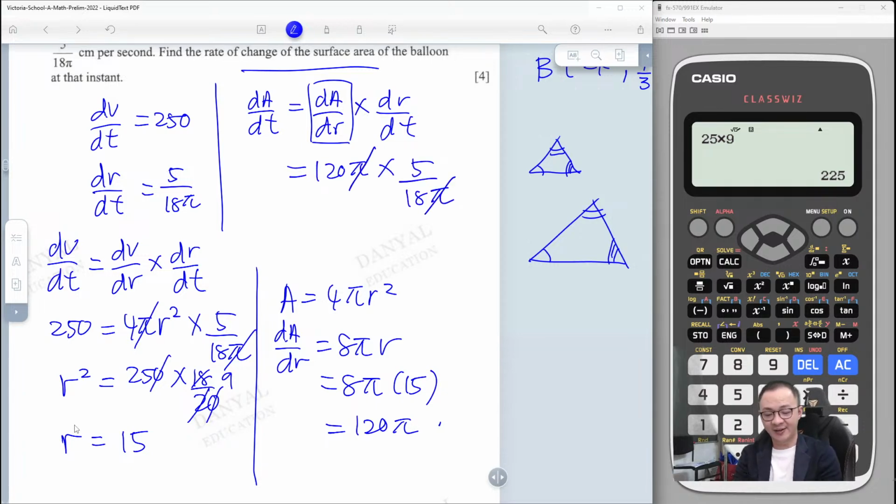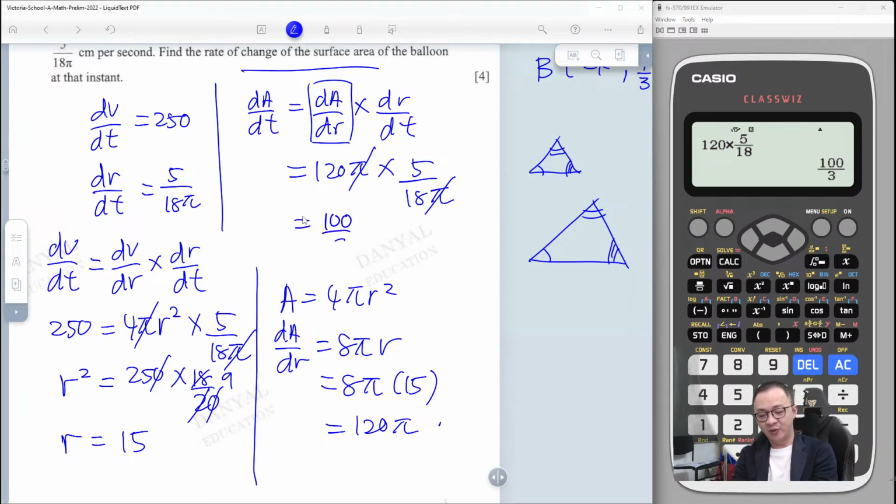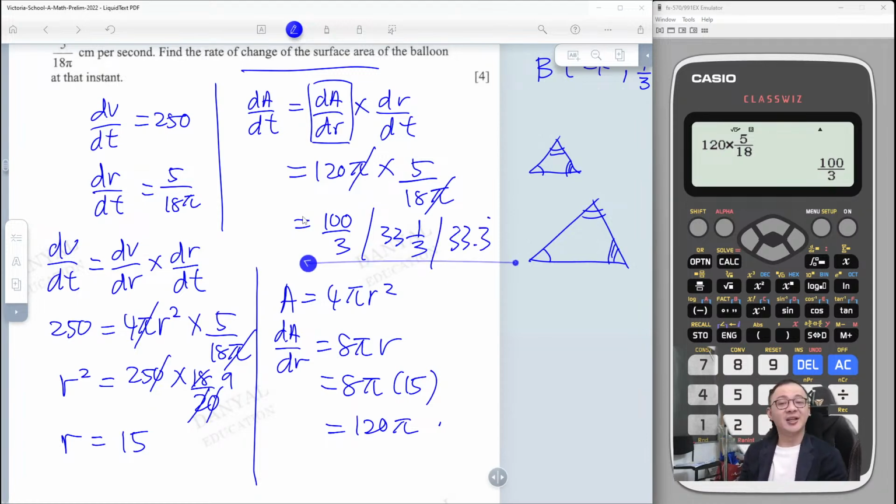Pi and pi cancel. Multiply 5 over 18. Oh, why did I type 6 when I said 5? So I got 100 over 3, or 33 and 1 over 3 lah, or 33.33 lah. Depends which one you prefer. Yep, this is the answer. Cool.